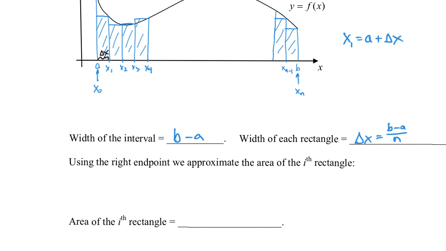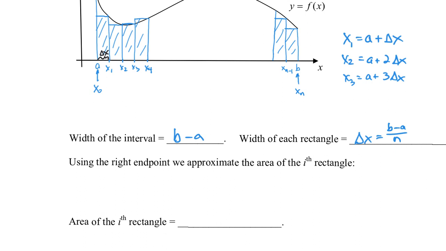Right, and x sub 2, that's just going to be A plus 2 of these delta x's, because each of these is going to have the same width of delta x. So x sub 2 is going to be A plus 2 delta x. And of course, x sub 3 would just be A plus 3 delta x and so forth.